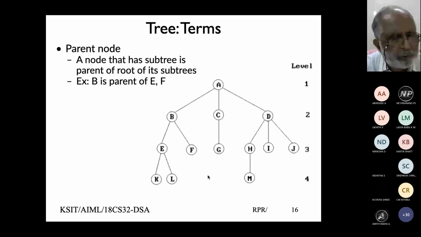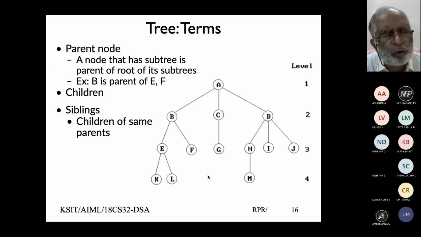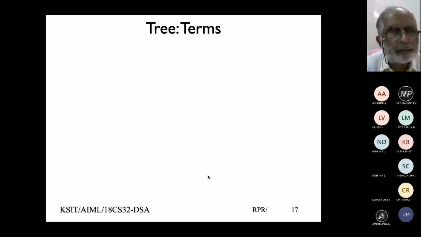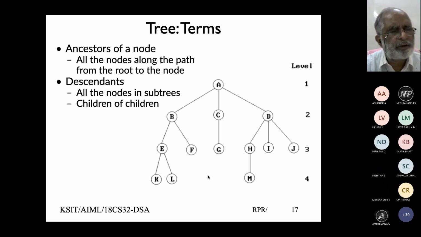Basically, the node for whom I'm a subtree is my parent. Similarly, we define children nodes and siblings, all the nodes with the same parent are siblings, and then we define ancestors and descendants, grandparents, grandchildren. These are the different terms you basically define.